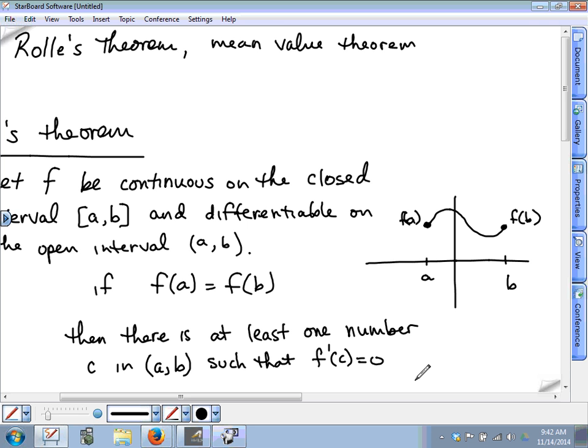Now that's just fancy math talk for... What does it mean that f prime of c is equal to 0? What does that mean c is? It's an extreme. Or at least it's a point on the graph where the derivative, the slope, is equal to 0. Okay?